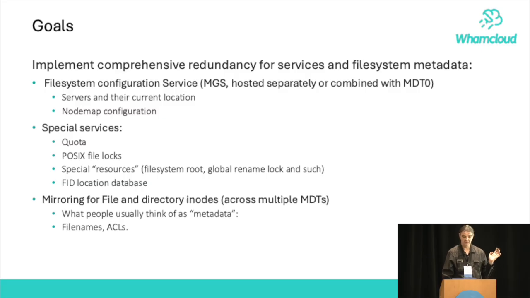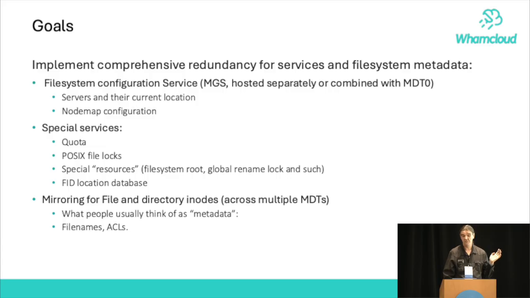So when we say metadata, there are actually multiple bits that could be referred to as metadata. The configuration service is one. This is how your clients know where to connect, where the servers are, all the node map configuration data, things like that.